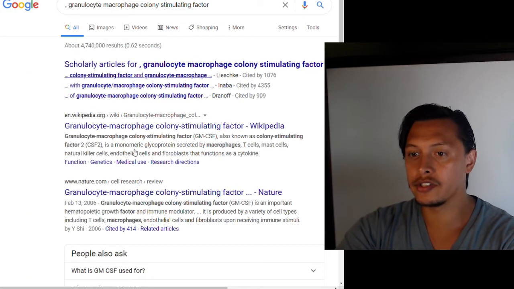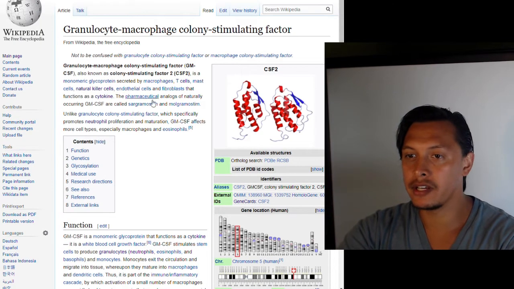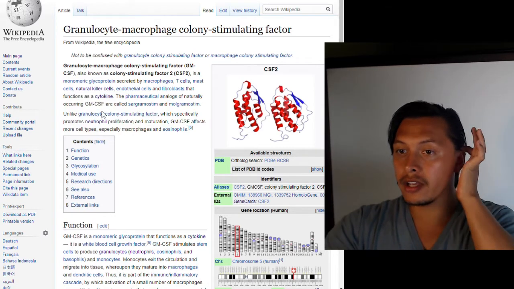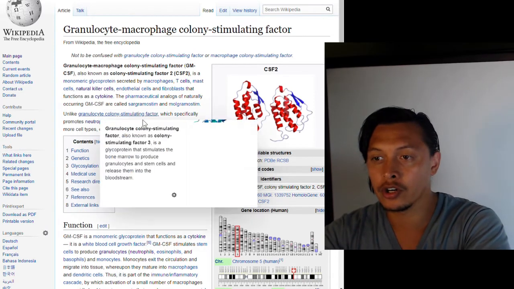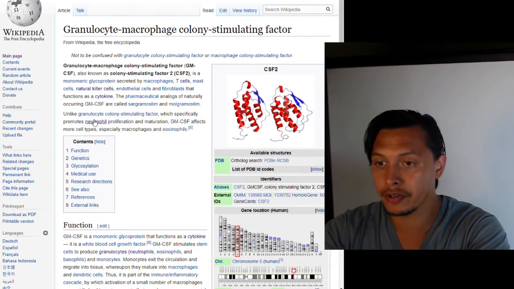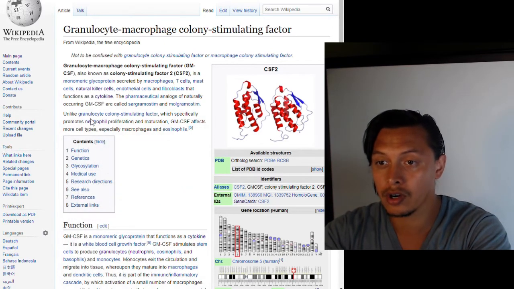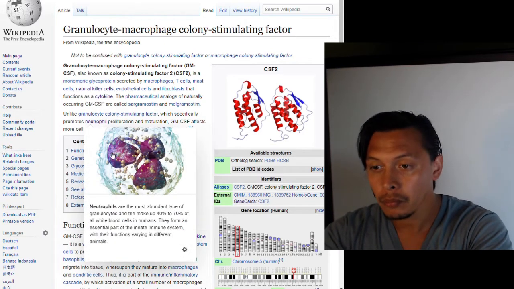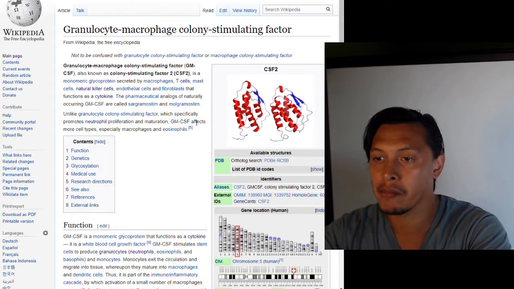This is just another cytokine. Unlike granulocyte colony stimulating factor, which will specifically promote neutrophil proliferation and maturation, and the neutrophils are a type of granulocyte, the most common white blood cell in the body, if I'm remembering correctly.